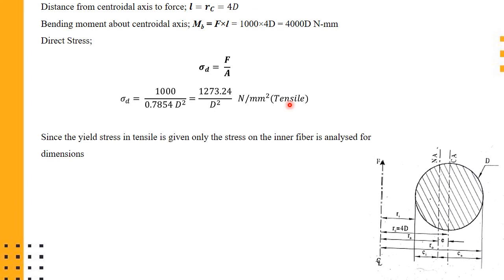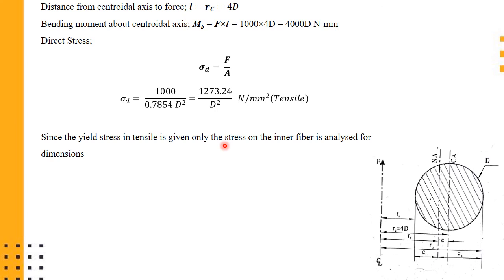Since the yield stress in tensile is given, only the stress on the inner fiber is analyzed for the dimensions. If you go back to the problem, it is clearly mentioned that the yield stress in the tensile condition is given.